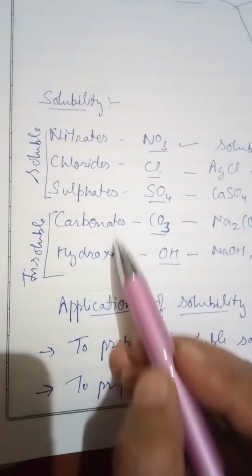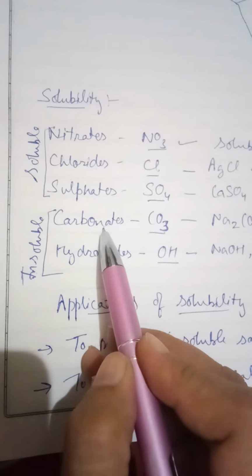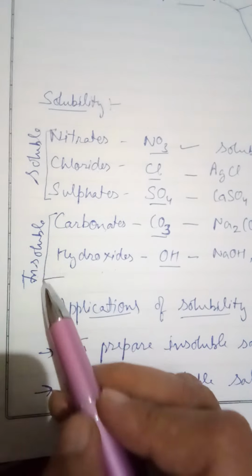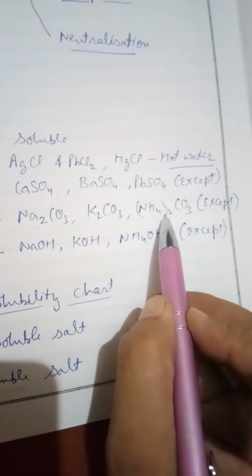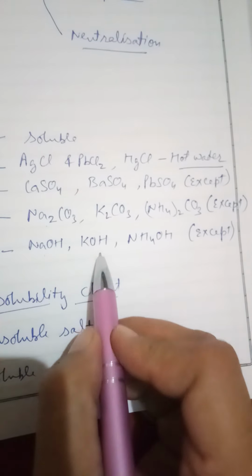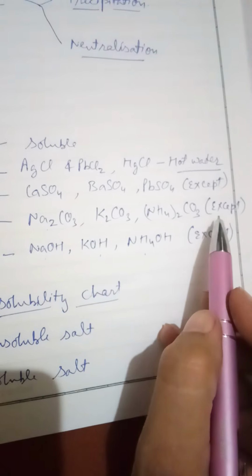Here carbonates and hydroxides are insoluble. Almost all the carbonates and hydroxides are insoluble in water except these: sodium carbonate, potassium carbonate, ammonium carbonate, sodium hydroxide, potassium hydroxide, ammonium hydroxide. These are the exceptions which are there in your PDF also.